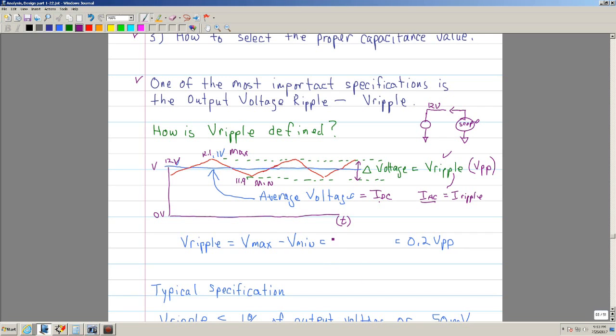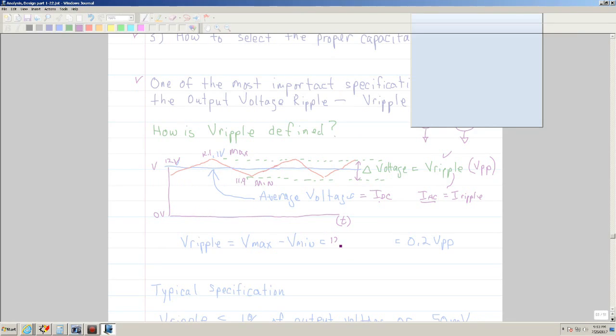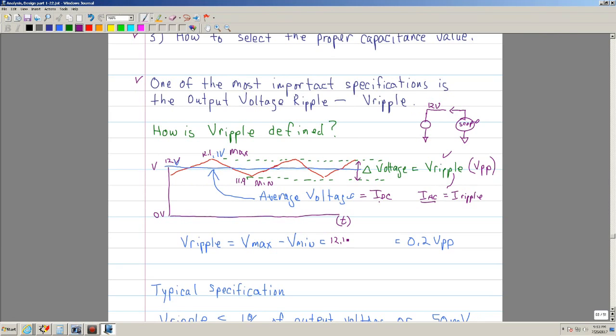In this case it would be 12.1 minus 11.9, so you'll have approximately 0.2 or 200 millivolts peak to peak, since you're reading from the maximum peak to the minimum peak.